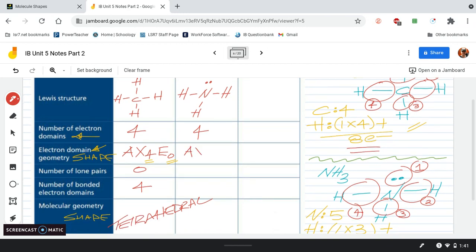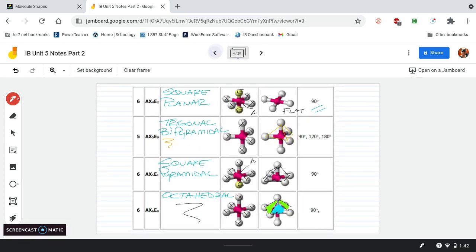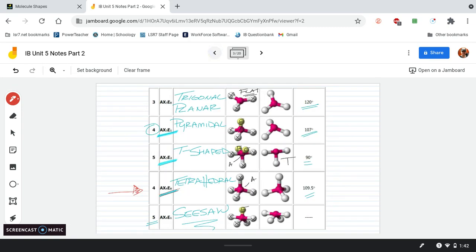It's an AX3E1. So when we go and look that up, AX3E1 is pyramidal shape.